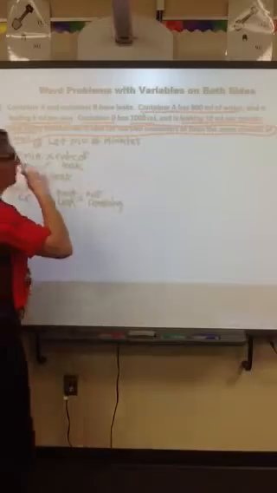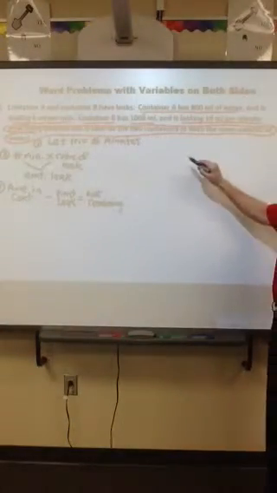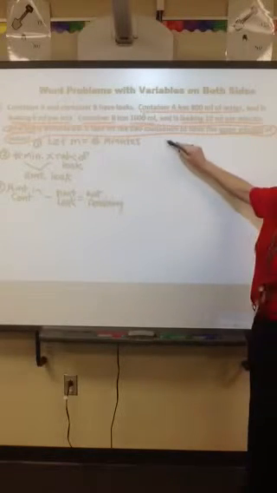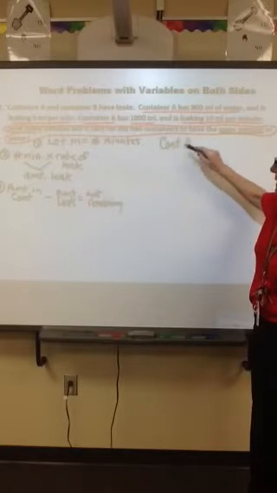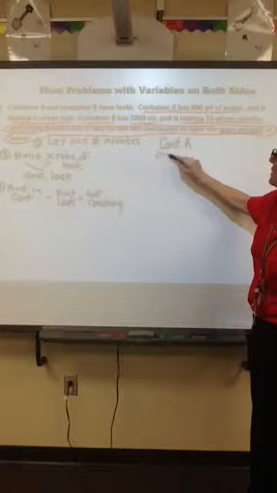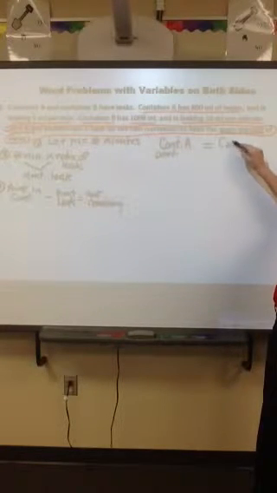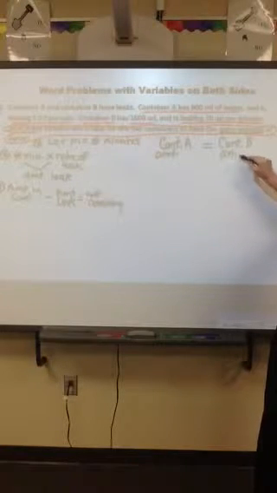So then we know that the two things have to be equal when they have the same amount. So if we take container A's remaining amount of water, that's going to be equal to container B's amount of water that's left.